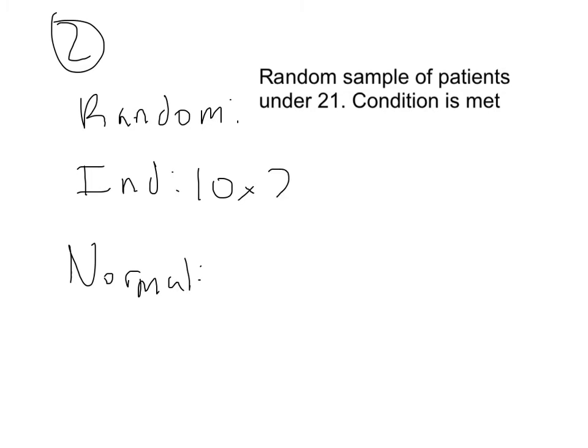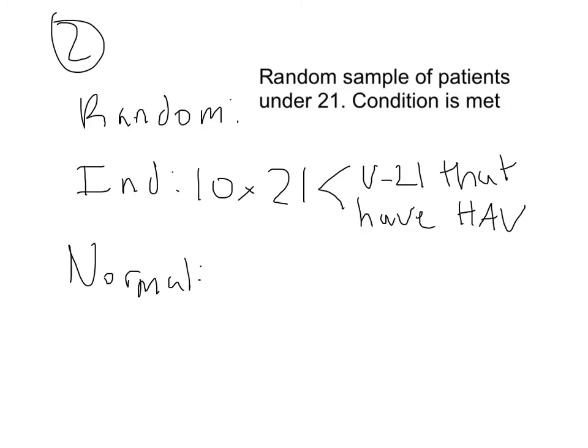There are 21 patients who are under the age of 21, and you have to make sure that is less than the amount of people under 21 that have HAV.